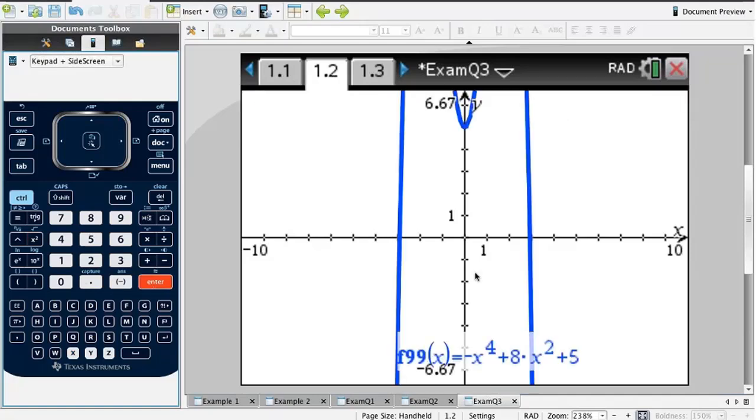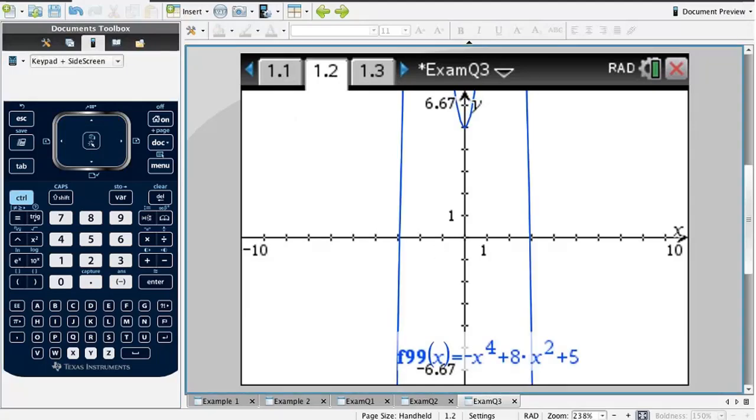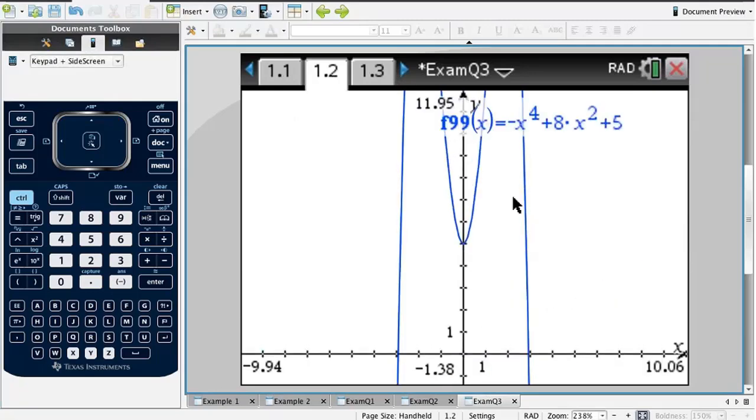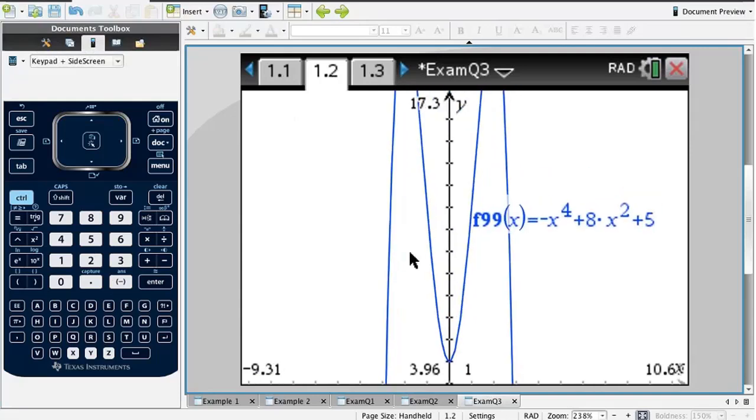So we want to know when it's positive. So that's when the curve is increasing. So that would be in this area and this area. So that would be when x is less than negative 2, because we know the minimum happens at negative 2. And it would be between x is 0 and positive 2, because we know what the x-coordinates of the other stationary points were.